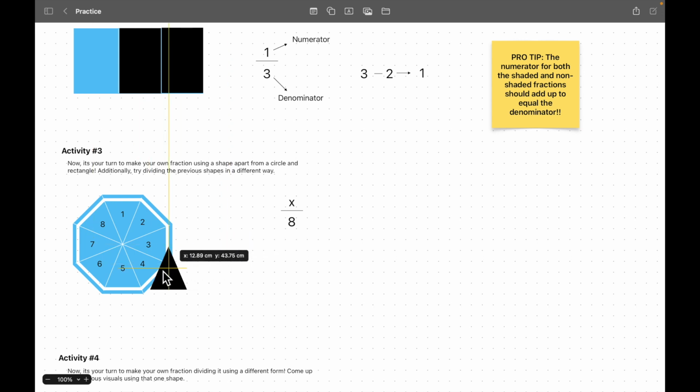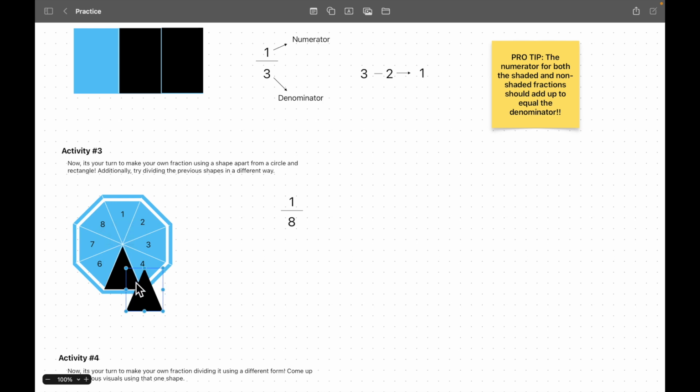So now we're going to put it in. We just have one triangle, or one part of this octagon, shaded in, and the rest aren't. So if there's only one, we just put 1 over 8. 1 over 8 is the fraction for the shaded part of this shape.